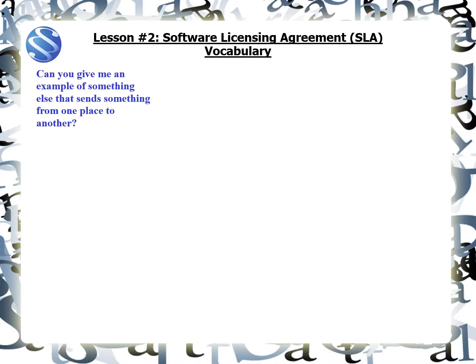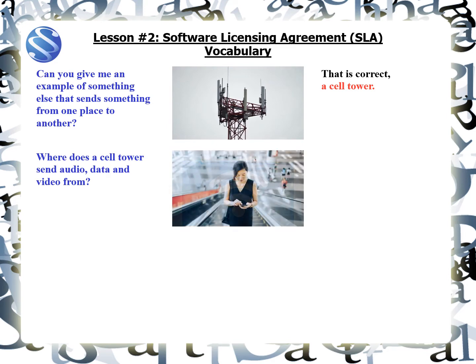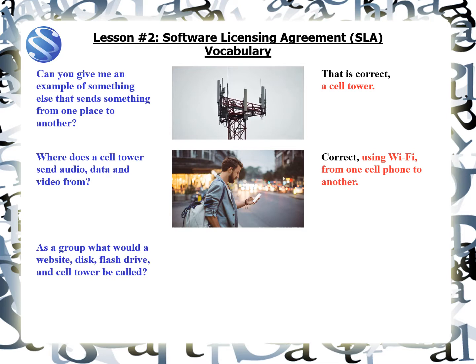Can you give me an example of something else that sends something from one place to another? That is correct, a cell tower. Where does a cell tower send audio, data, and video from? Correct, using Wi-Fi from one cell phone to another. As a group, what would a website, disk, flash drive, and cell tower be called?